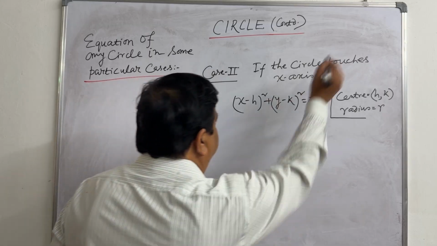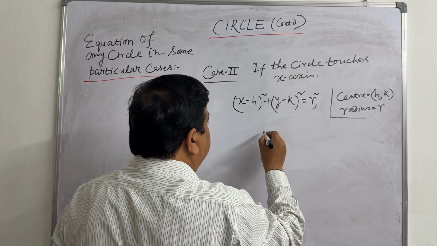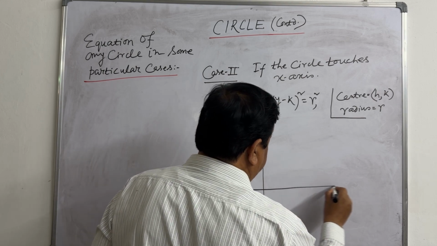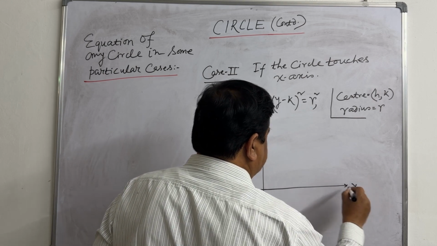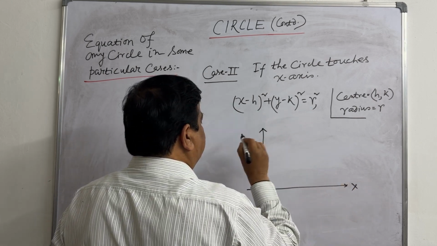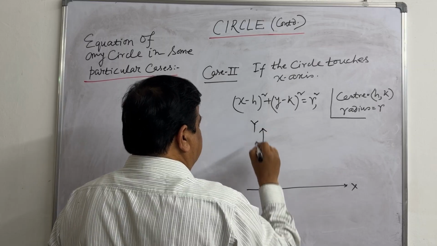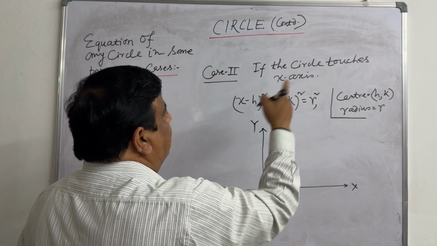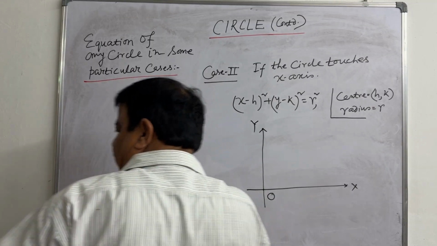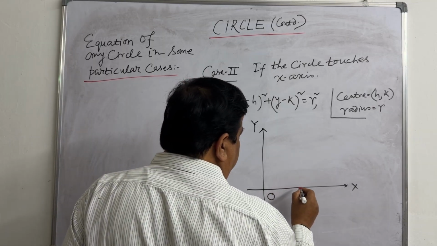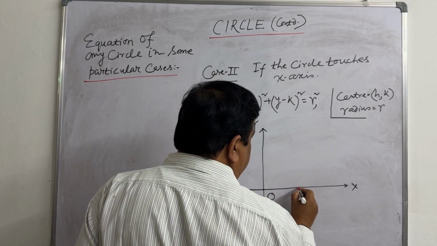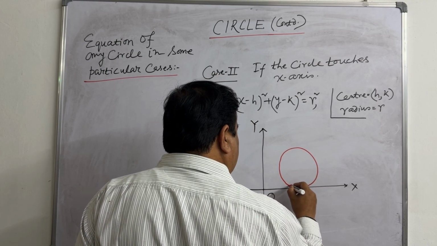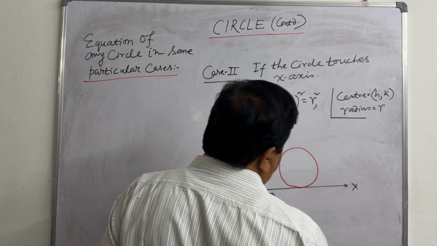Okay, draw the circle in the coordinate system. This is x-axis, this one is y-axis, here is your origin. Okay, the circle touches the x-axis, so obviously the diagram will be like this.